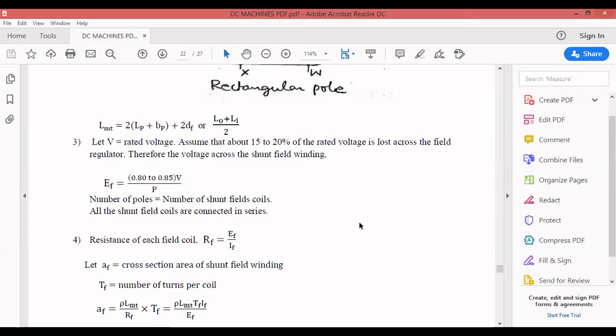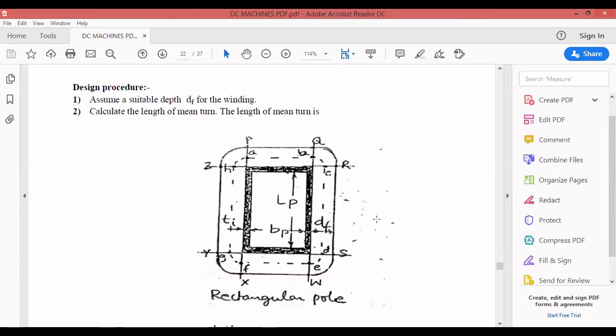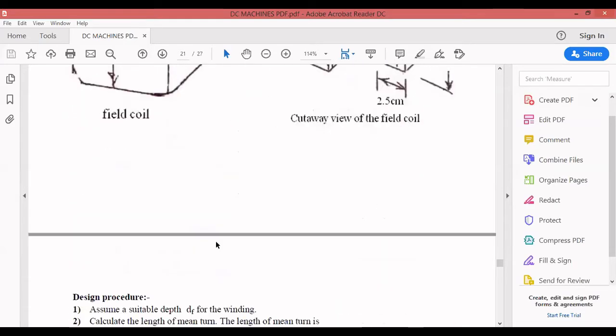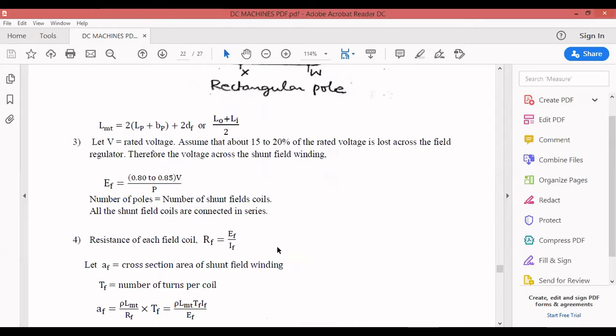So however many poles are in the machine, that many shunt field coils will be available, and all the shunt field coils are connected in series. Suppose you have 4 poles, all the shunt field coils will be connected in series. After winding one pole, it is connected to another pole. So we can say that the voltage available across the shunt field winding will be 0.8 to 0.85 times the applied voltage, divided by P, that is, for one pole.